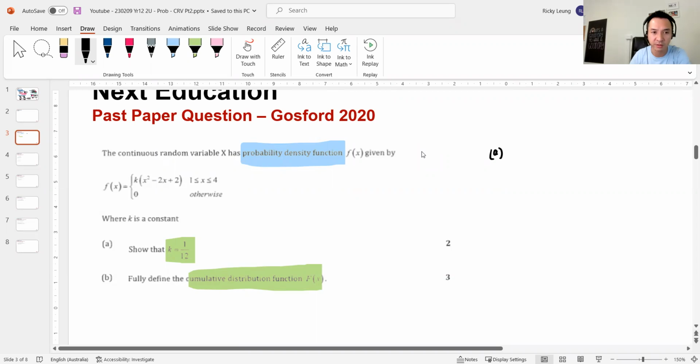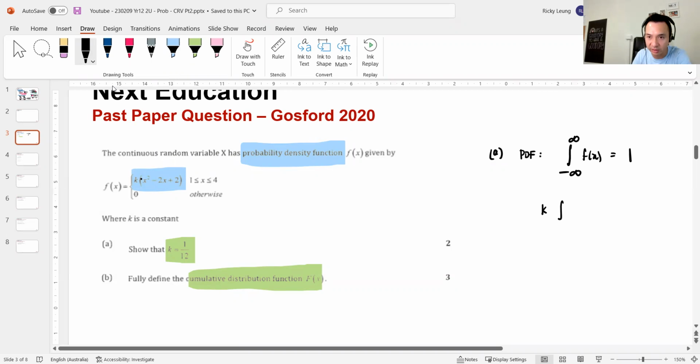But for now, first one, the sum of all probabilities. We know that if it's a PDF, then the integral from negative infinity to infinity of f(x) dx should total 1. Pretty straightforward concept. So I'm just going to integrate this function here. I'll bring the constant outside.